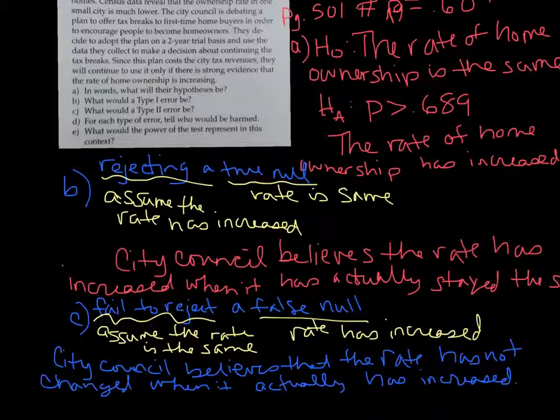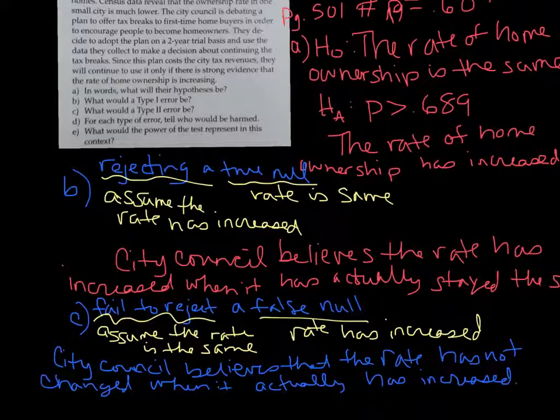What would happen there would be that the city council would be spending their money on these tax breaks that are not effective. Whereas if there was a type 2 error, which would be that the city council would believe the rate hasn't changed when it actually has, that's going to hurt first-time homebuyers who aren't going to be receiving these tax breaks because the city council would most likely try to do away with it.